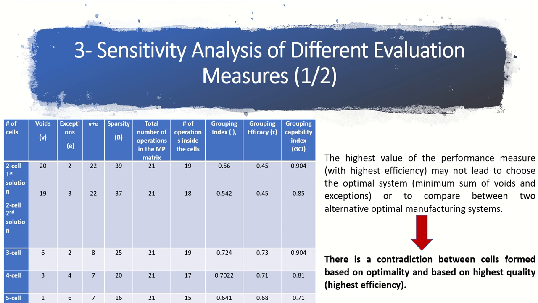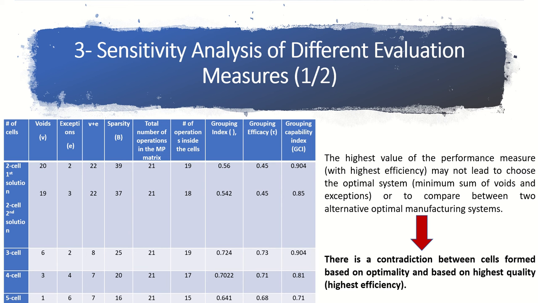In order to analyze the performance of these optimal manufacturing systems and compare the effectiveness of cell formation, three well-known grouping efficiency measures have been used, namely the grouping index, the grouping efficacy, and the grouping capability.